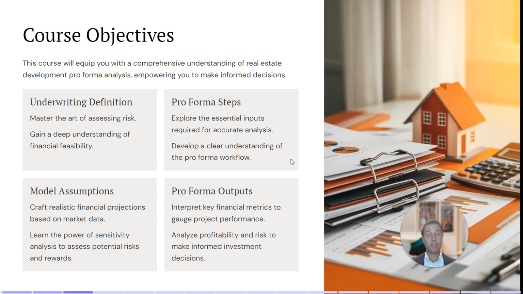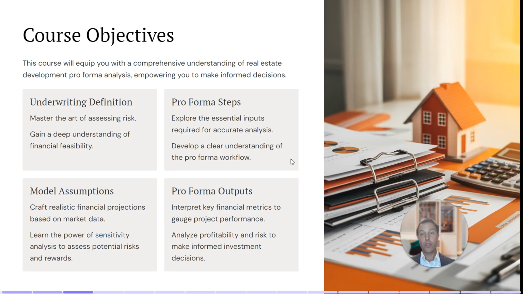You're going to see what goes into the underwriting, the steps needed to develop the pro forma, the assumptions that go into that pro forma, usually based on market data and information you've gathered from other professionals. And then you're going to see the outputs of those pro forma.